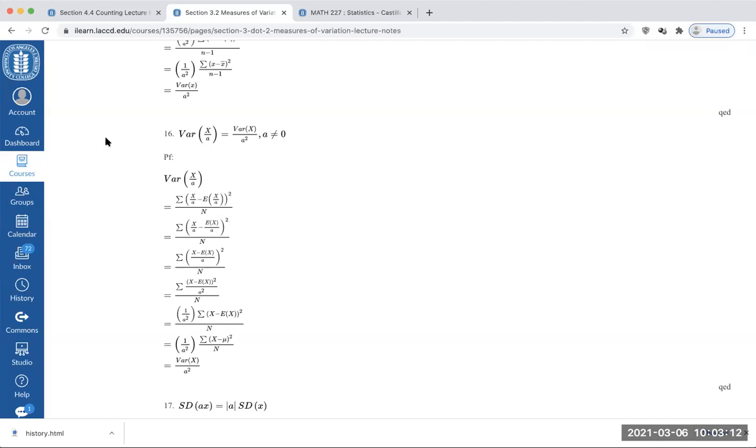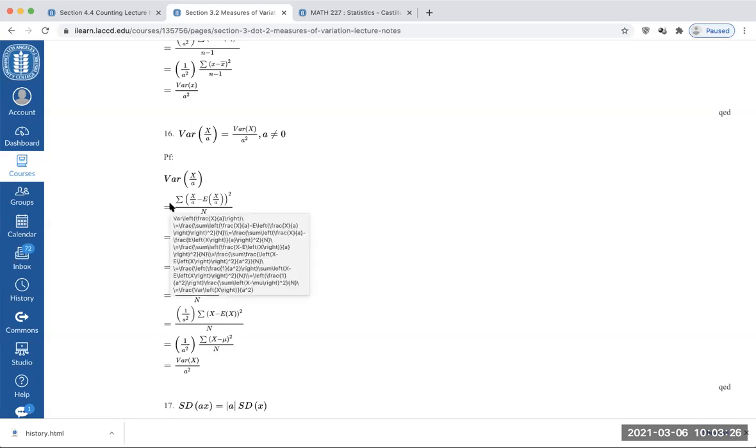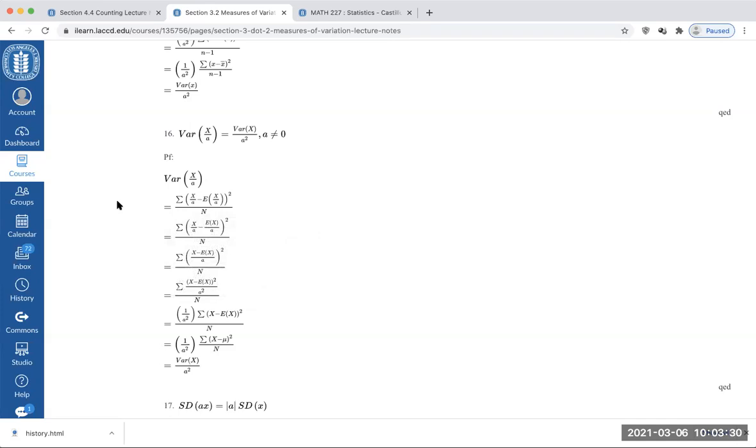Next, the variance of ax is the variance of x multiplied by a squared. So the variance of ax is the sum of ax minus the expected value of ax quantity squared, all divided by n. By the properties of the mean, the expected value of ax is a times the expected value of x.